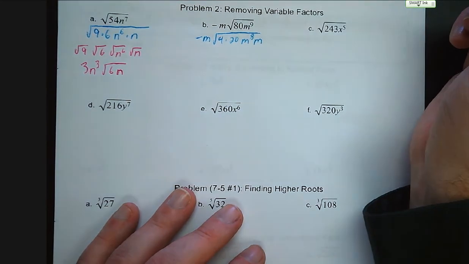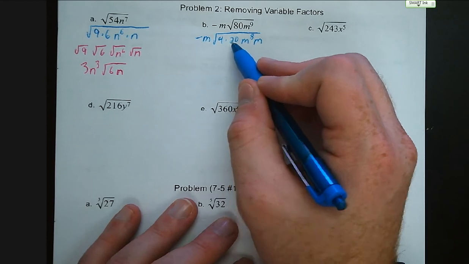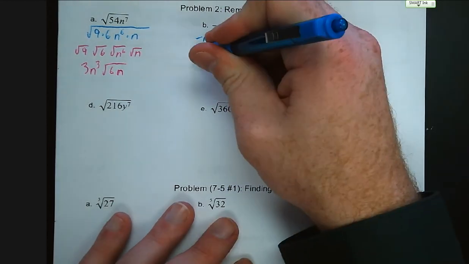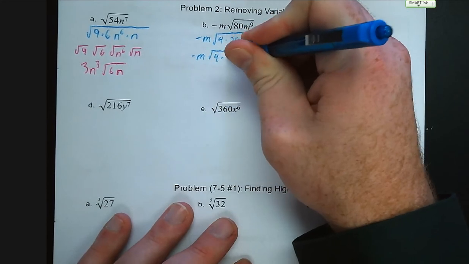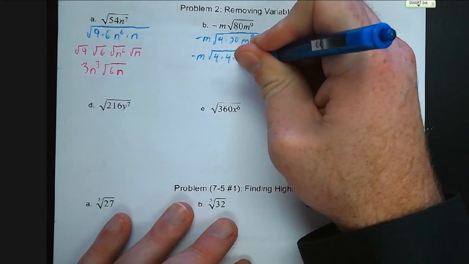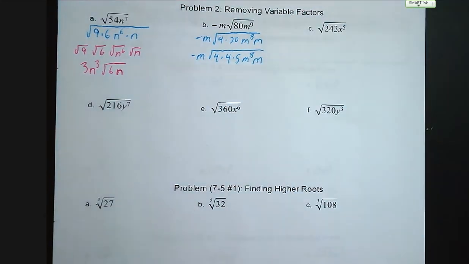Okay. Well, perfect square, but not a perfect square. Splitting 20 up, we would have negative m times the square root of 4 times 4 times 5 m to the 8th m. Now, something I want to point out here, when we're taking square roots, essentially we're looking for pairs of factors that are inside, right?